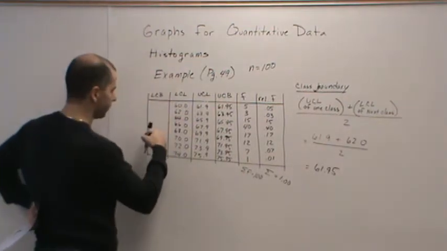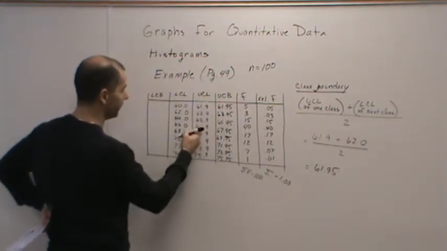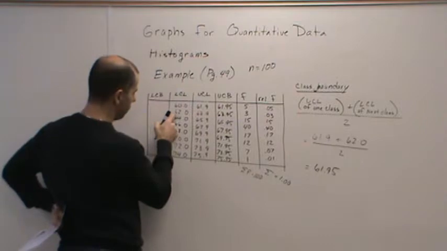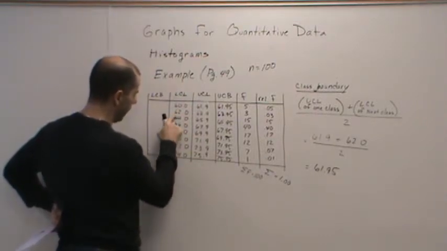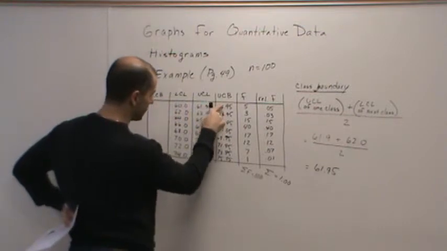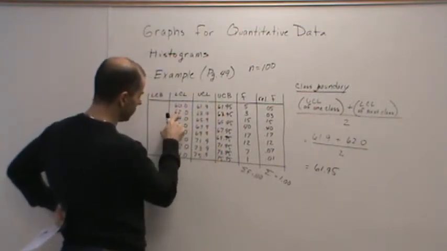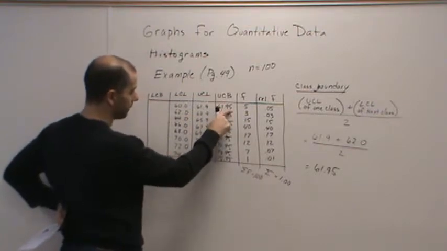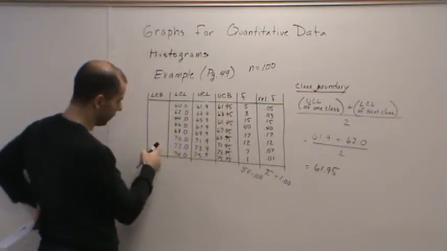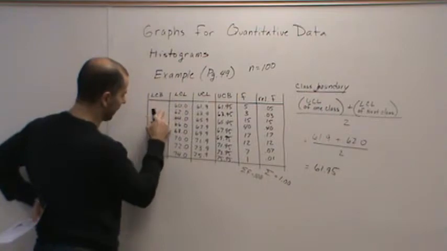And now if I subtract off 0.05 from the 62, all the way down, I'm going to get the same as these. From 62, if I subtract off 0.05, I get 61.95. So all of these will be duplicated over here, starting with the second class.